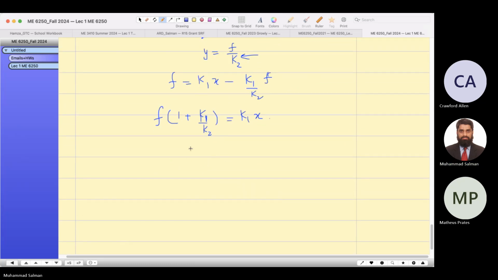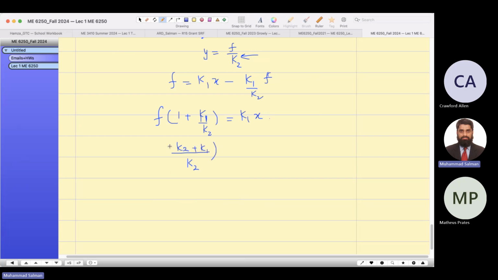That is equal to k1 x. So F equals k1 x over (1 plus k1 over k2). One thing I want to show you, let me do one quick math here. Can I write it like k1 k2 plus k1, or k1 plus k2, it doesn't matter, it's a sum.